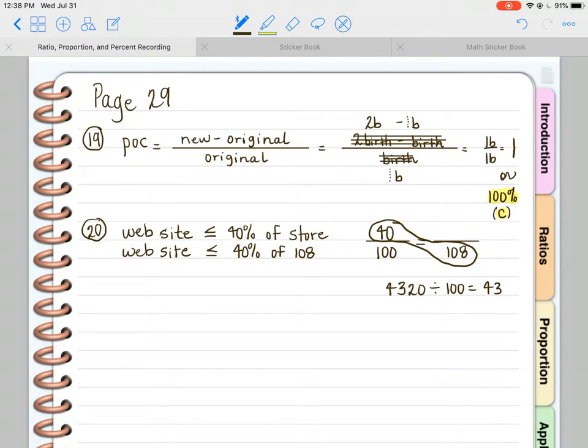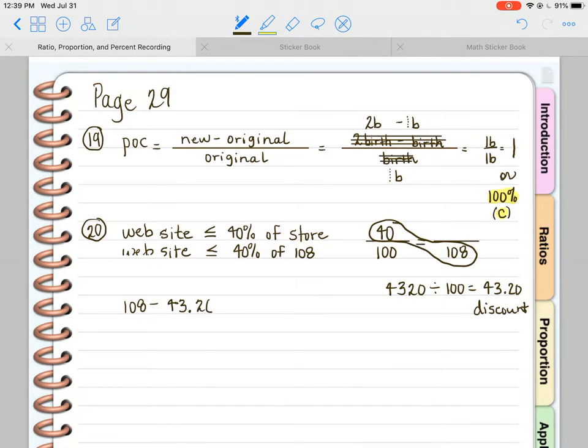And be very careful here. This is not the price of the boots. This is the discount. So in order to find the actual price, we're going to have to say the store price minus the discount.